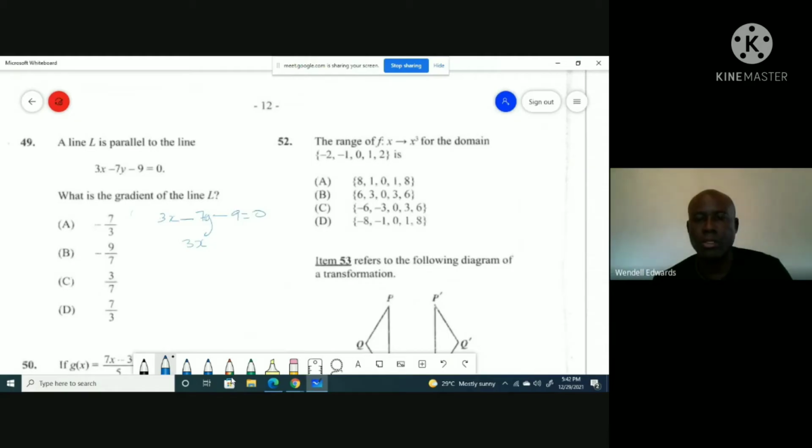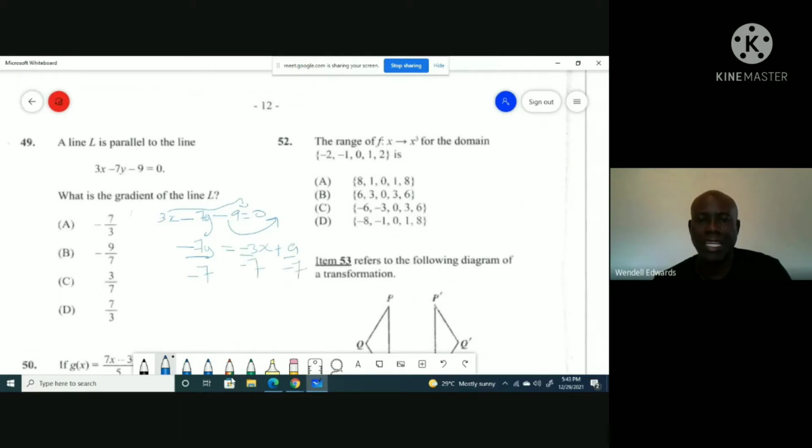So what we want to do is transpose to get everything across. Let's leave the negative 7y here. It's going to equal, bringing this over, negative 3x, and there's going to be a positive 9 because the sign has changed. We divide by that negative 7.